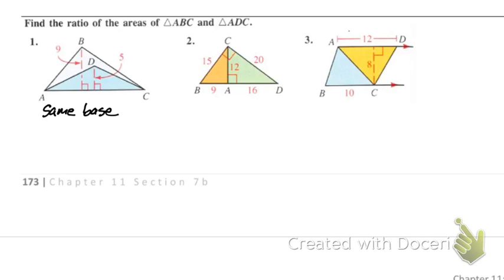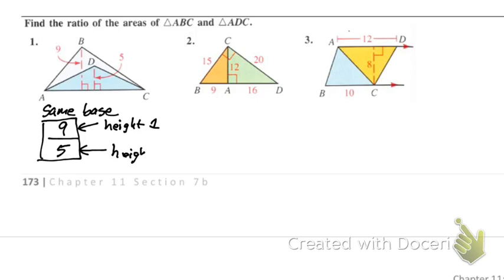So we just need the height of triangle ABC, which is 9, over the height of ADC, which is 5, which is actually our ratio of our areas. That is height 1 over height 2.